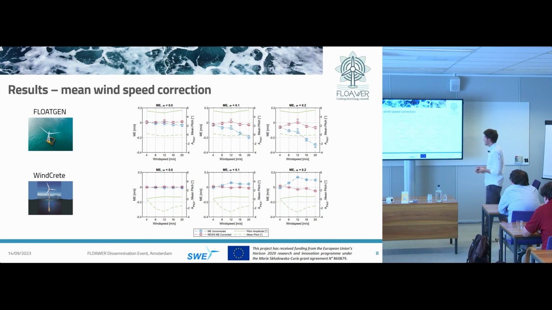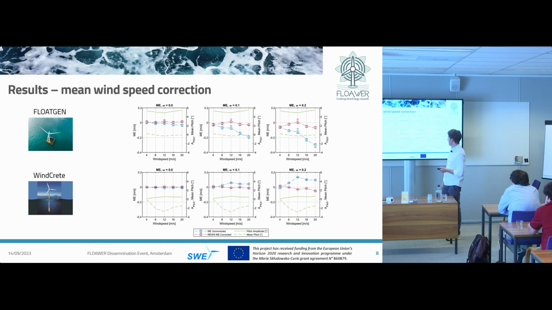So the first line here is FLOAGENT, and the second one is the Windcrete floater concept, which is a SPAR-type floater. And the rows here are different shear exponent values in the wind field.